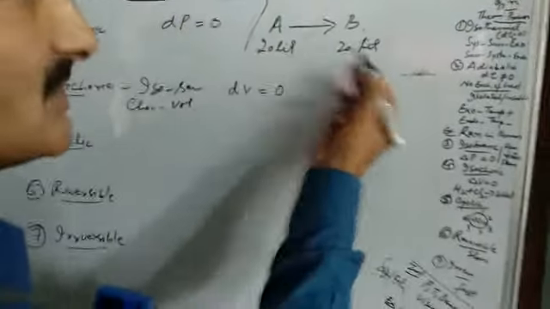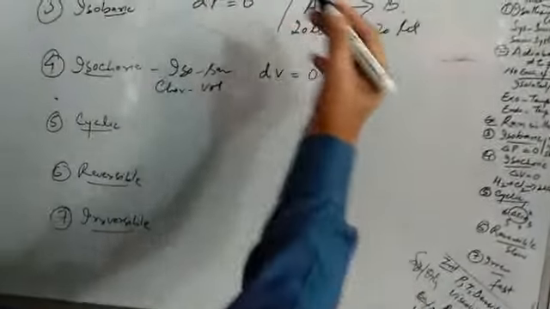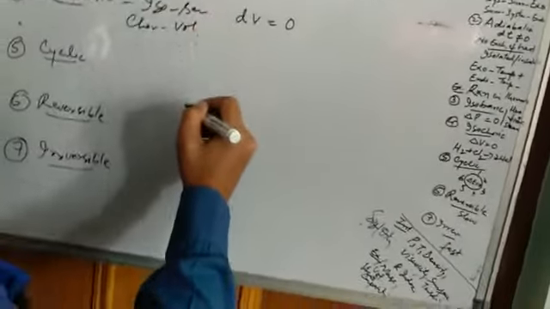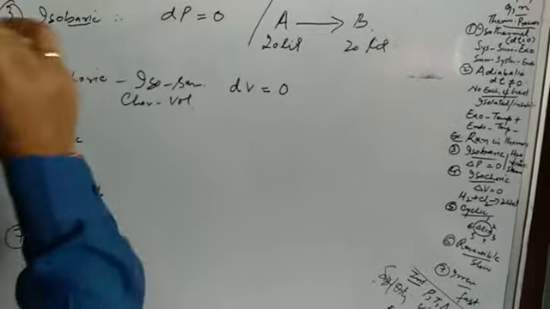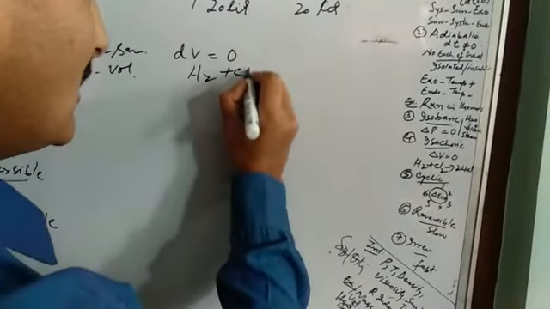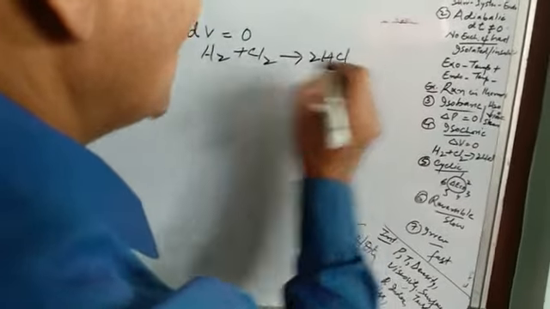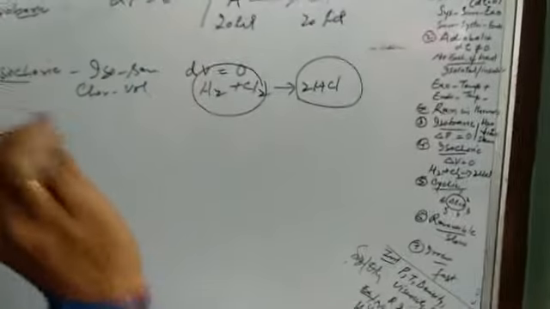So there is no change in volume. So when a process changes from one state to another and there is no change in volume, such a thermodynamic process is known as isochoric process. For example, the reaction between hydrogen and chlorine to form hydrogen chloride is an example of isochoric process. In this example, the volume of these two is equal to the volume of this. That does not change at all.